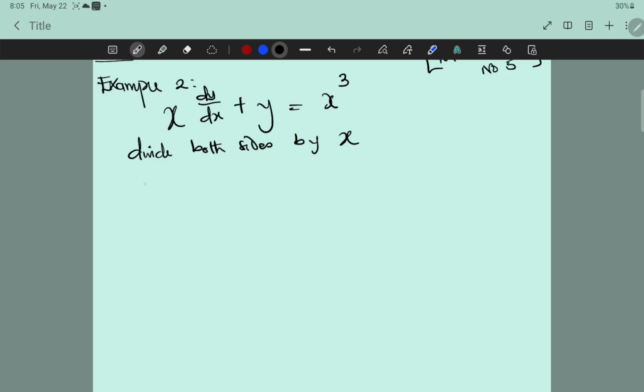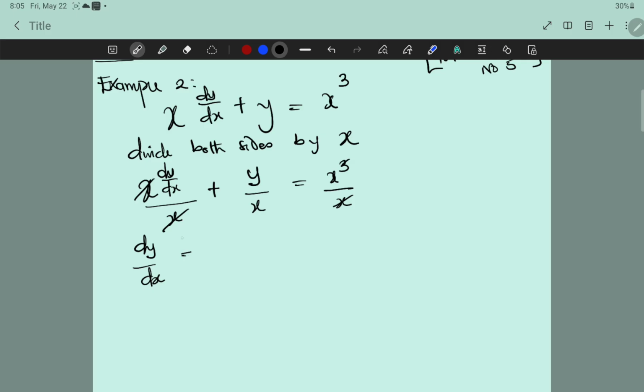So we have x dy/dx divided by x, plus y divided by x, is equal to x cubed divided by x. This cancels this, and we have dy/dx + 1/x y = x squared. Did you see that?